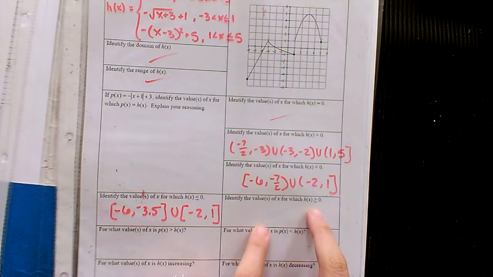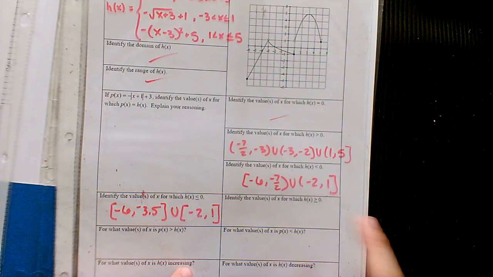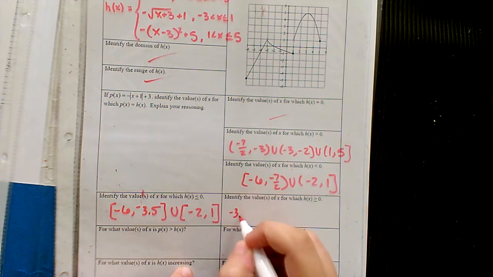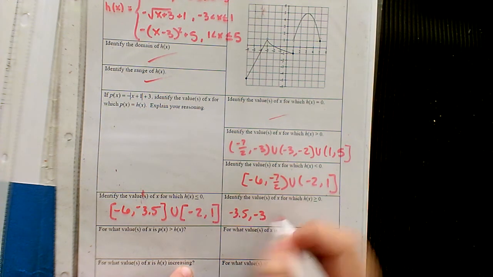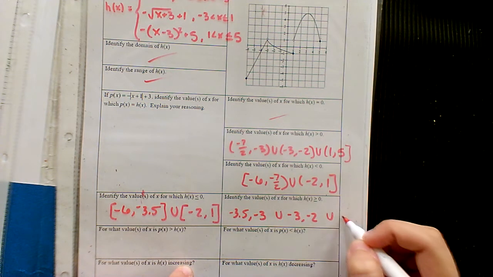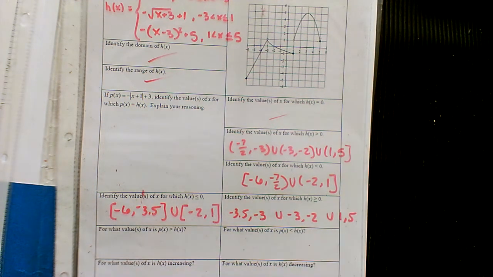If we look at the next one, again, very similar. Where are we above the x-axis or also on the x-axis? Because now we have that equal bar. So it's going to look very similar to the previous one we had. But now we should be able to include the x-intercepts.